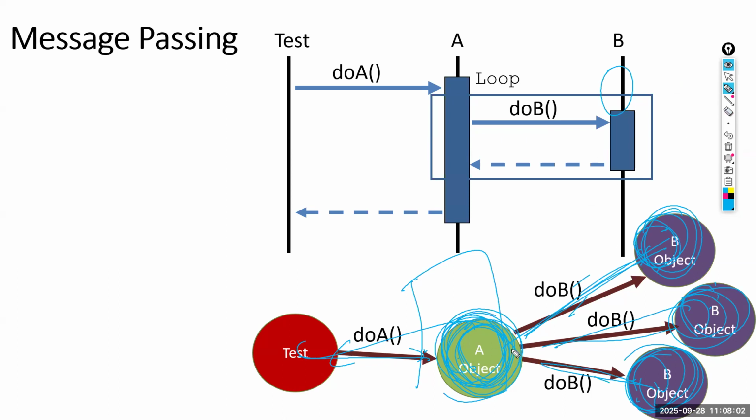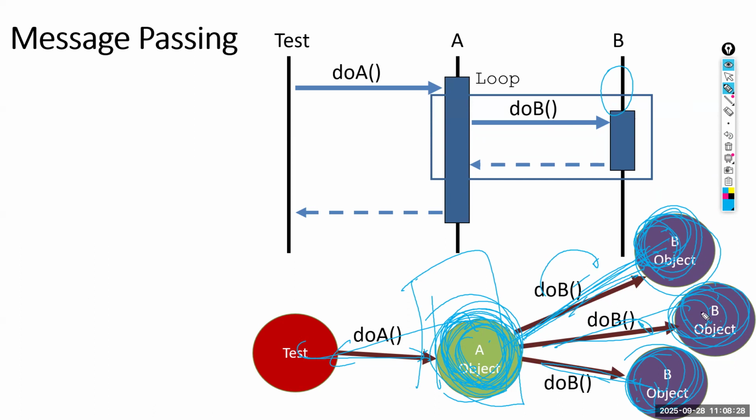Maybe this is a transaction. Remember, it's a money transfer between two accounts in the same bank. These are your transaction objects. You call this object's debit and this object's credit.